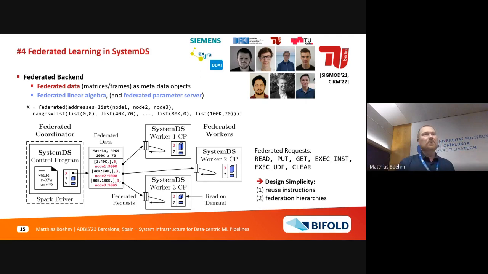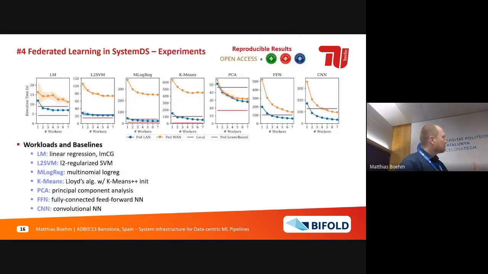general linear algebra programs. So we ran lots of benchmarks over an entire spectrum of traditional machine learning algorithms: linear regression, support vector machines, logistic regression, clustering, dimensionality reduction, all the way to neural networks. And we compare our federated learning with the local baseline in a LAN setting, so local area network, in our own rack at TU Graz, as well as in a wide area network.